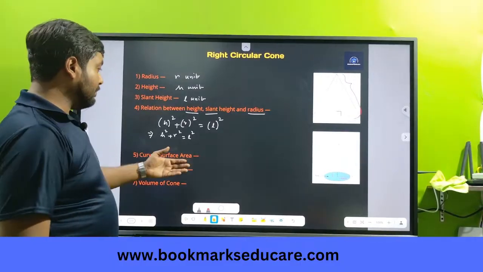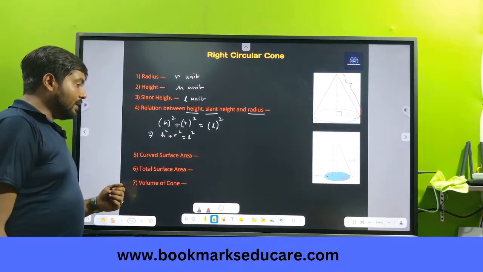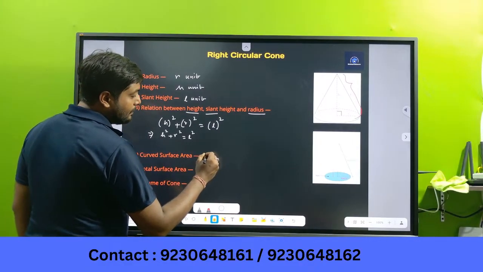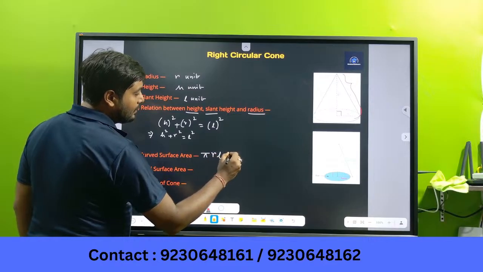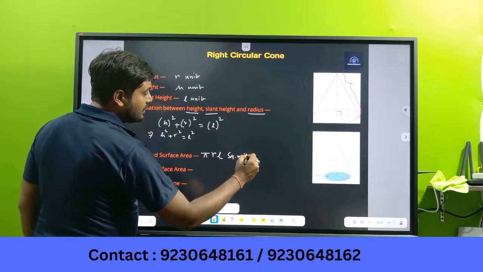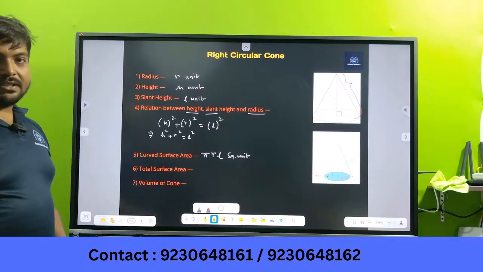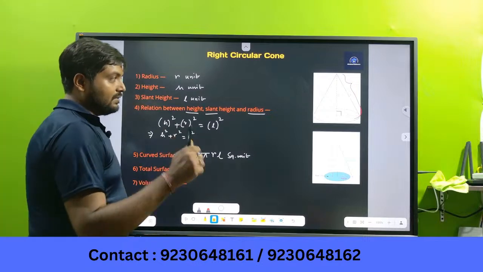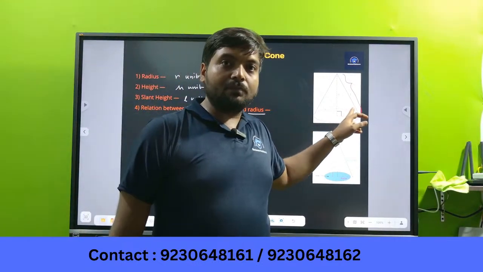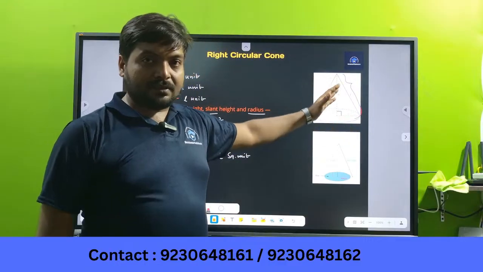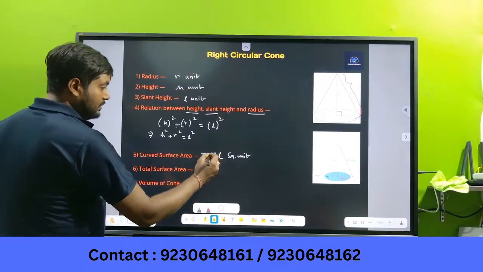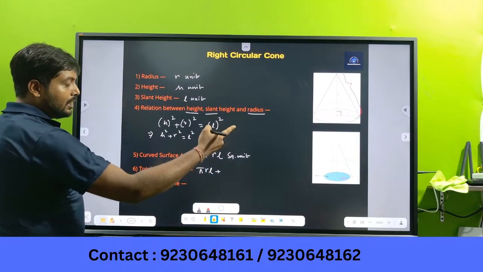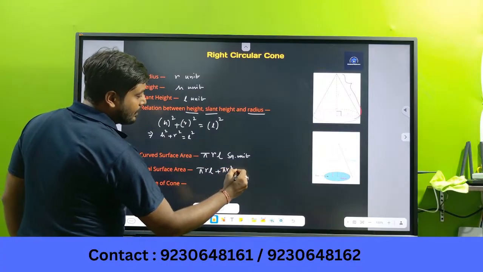Now let's come back to the formulas. The first formula is curved surface area, which is pi r l square unit. For total surface area, there are two surfaces: a plane surface at the bottom of the cone and a curved surface. So the curved surface area pi r l, plus the circular bottom pi r square unit.